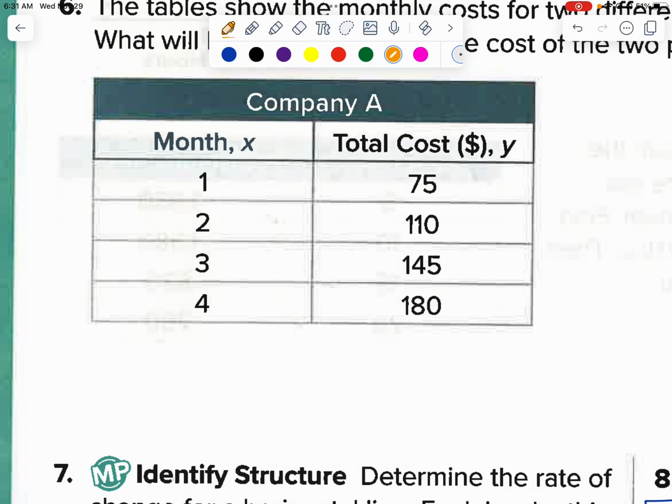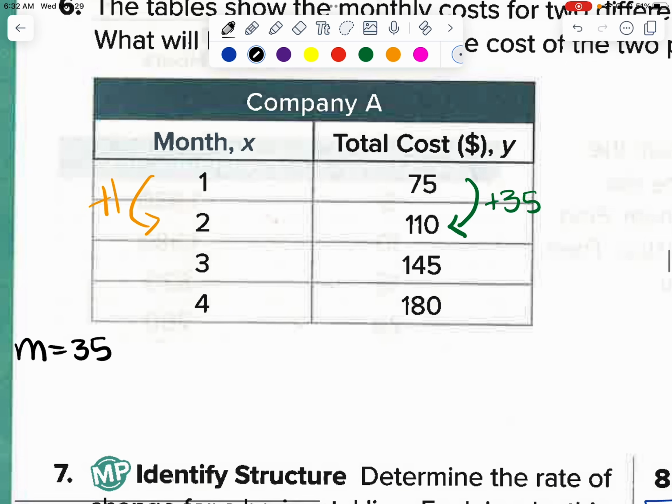And if I look at this, I need to find how much this goes up by. That'll go up by 35, and this goes up by 1. So the slope for this one is going to be 35.